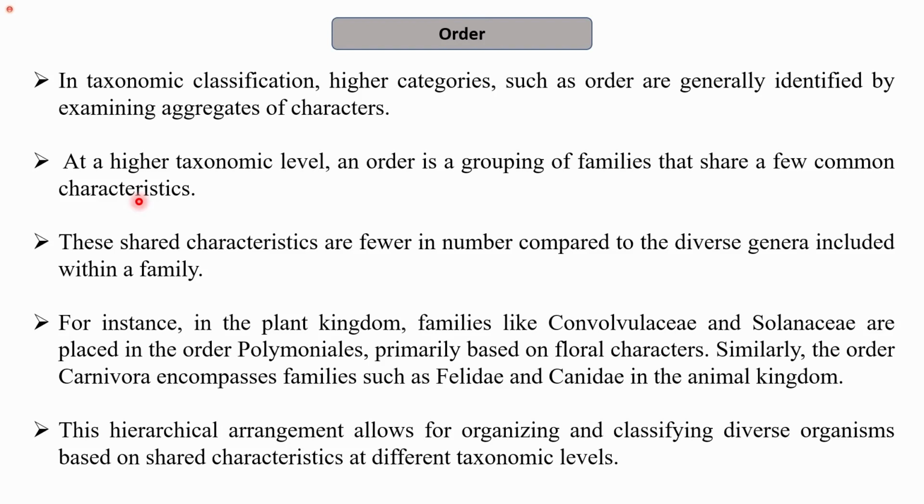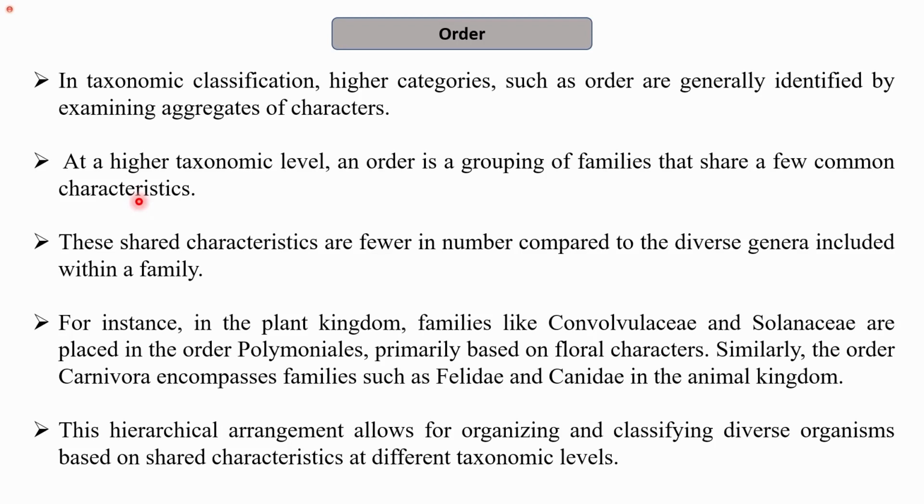These share fewer characteristics, very few in number, compared to the different genera or the species level. So as we move from the species towards the higher taxonomic categories, the characteristics a particular group shares decrease. The shared characteristics are fewer in number.